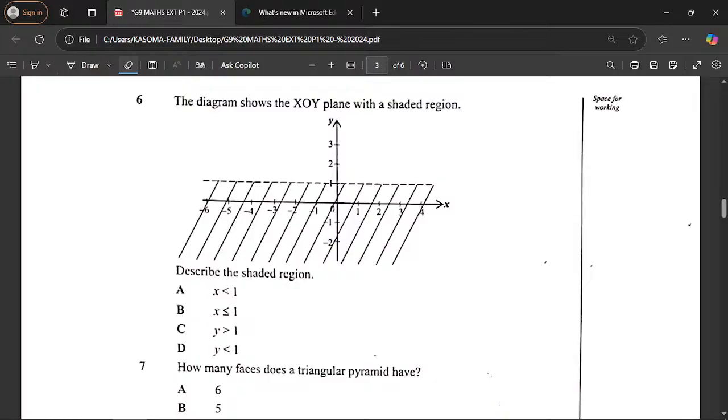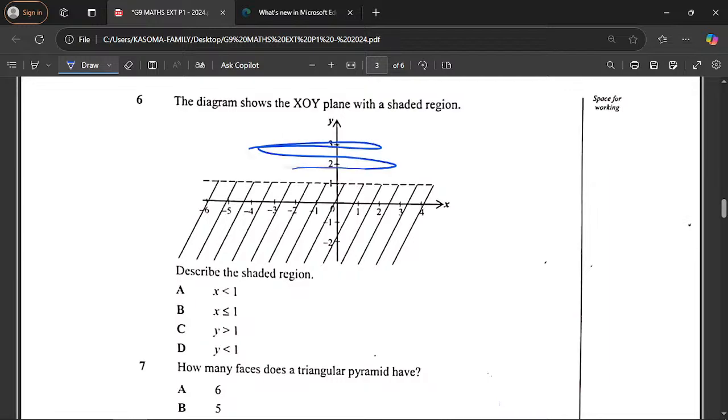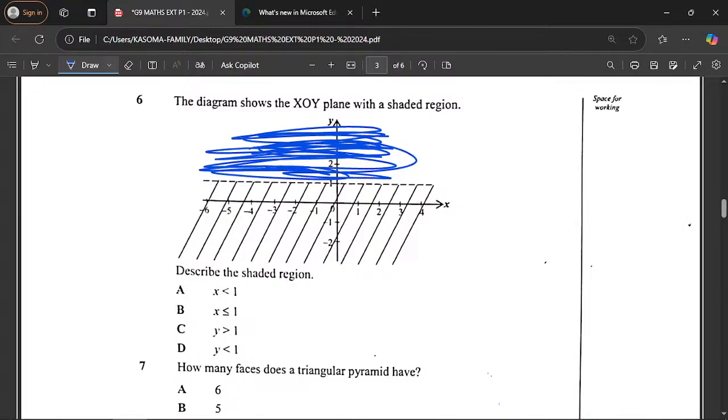So when we talk about y, this one is saying y is greater than 1. Okay, so they are saying the shaded area is greater than 1. This statement could have been true if this is the area that was shaded. C could have been true if the top is the one that was shaded, because the question is asking us to describe the shaded area.